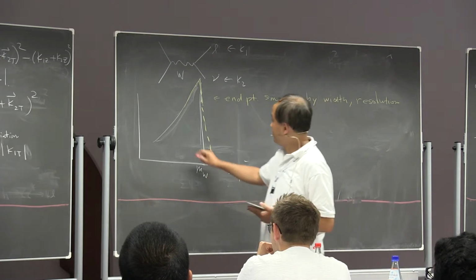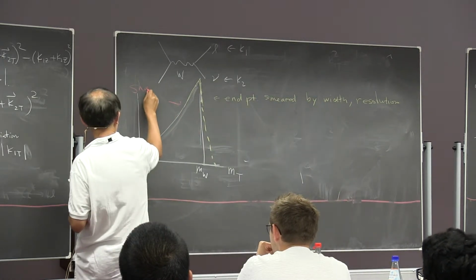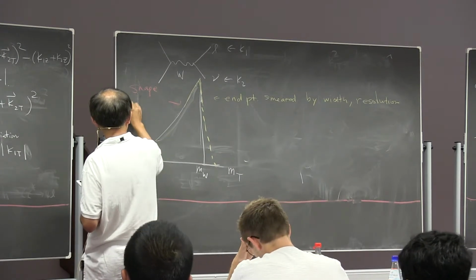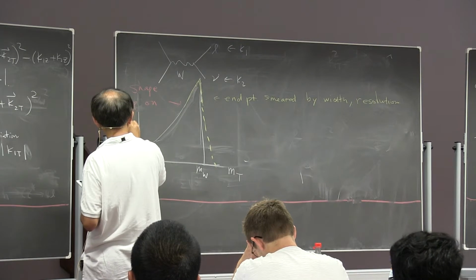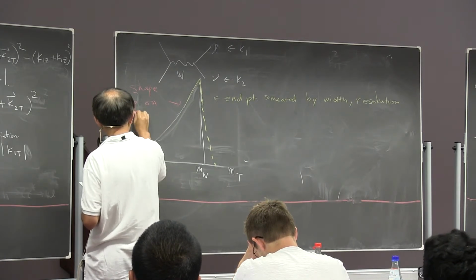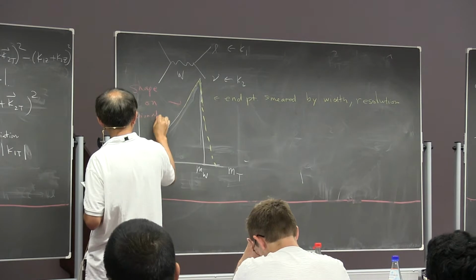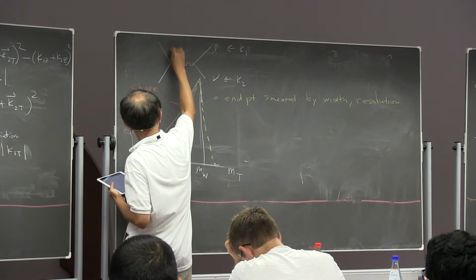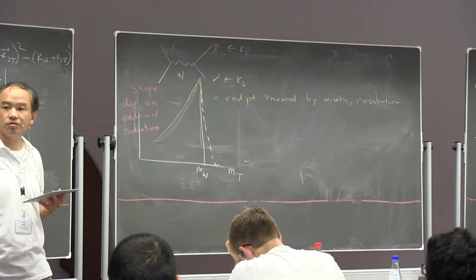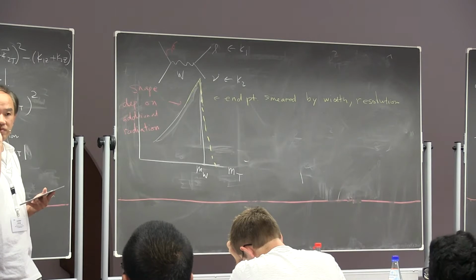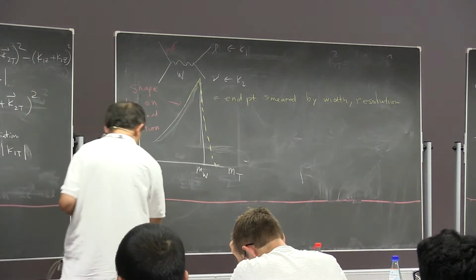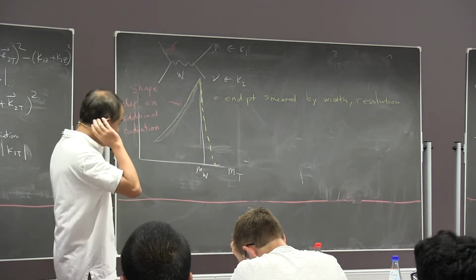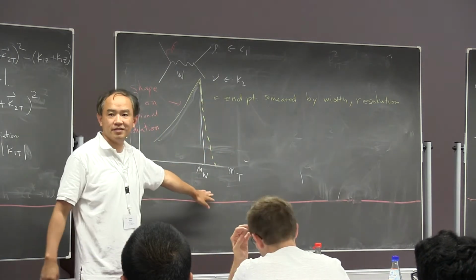And this shape here depends on additional radiation, meaning whether you have something additional to that W or not. The actual business of looking at this distribution is basically how we measure the W mass at hadron colliders.